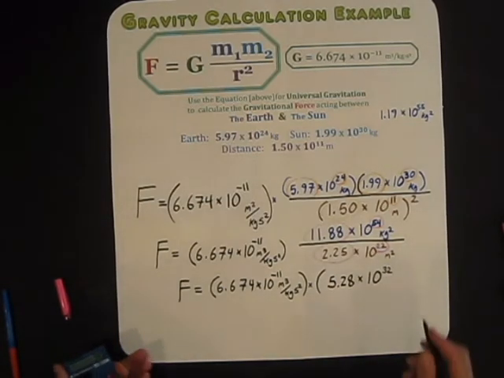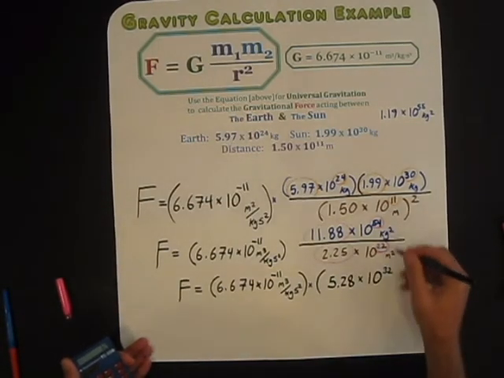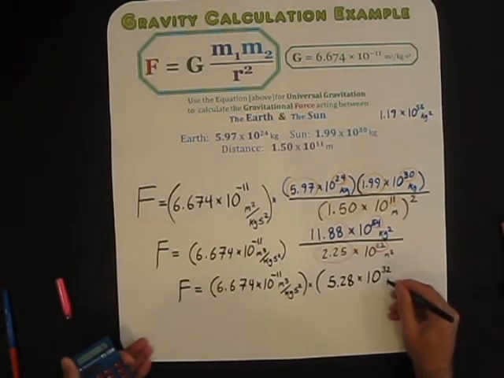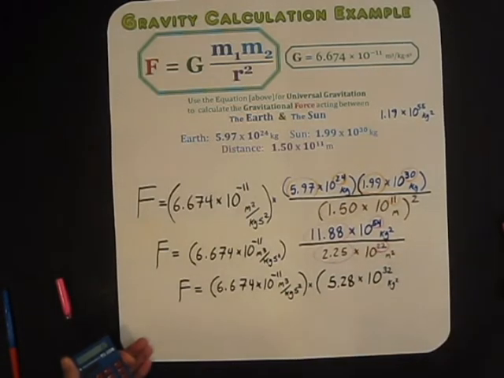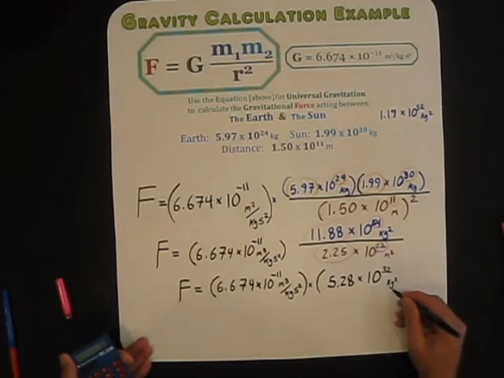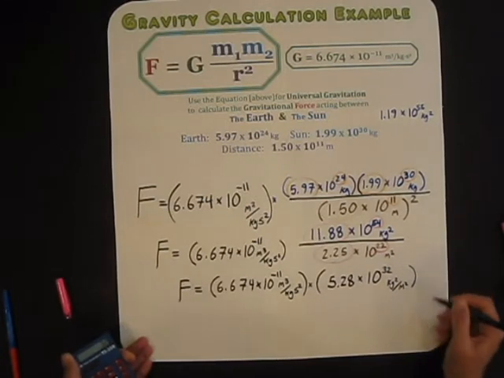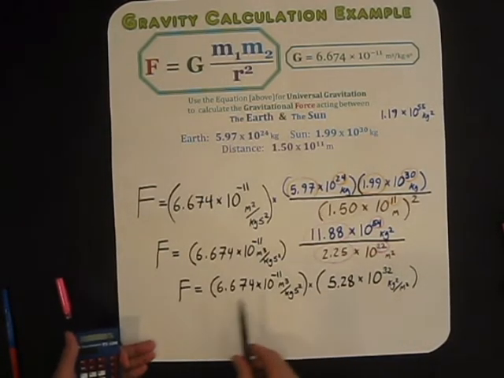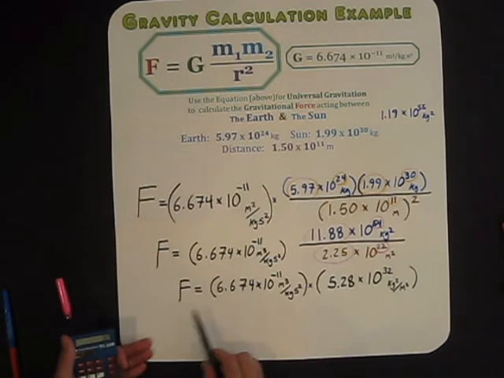So what happens with my units? Well, I had kilograms squared on top, and I divided by meters squared, so now it's per meters squared.